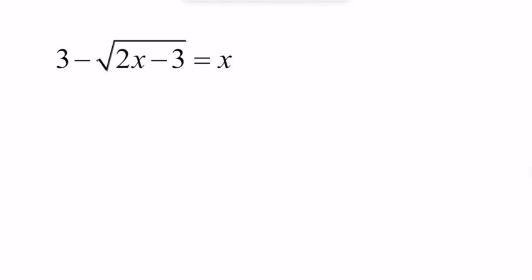Here, to get the root by itself, we subtract 3 from both sides, leaving us with negative square root of 2x minus 3 equals x minus 3. Now you can proceed by getting rid of the negative sign, dividing everything by negative 1.